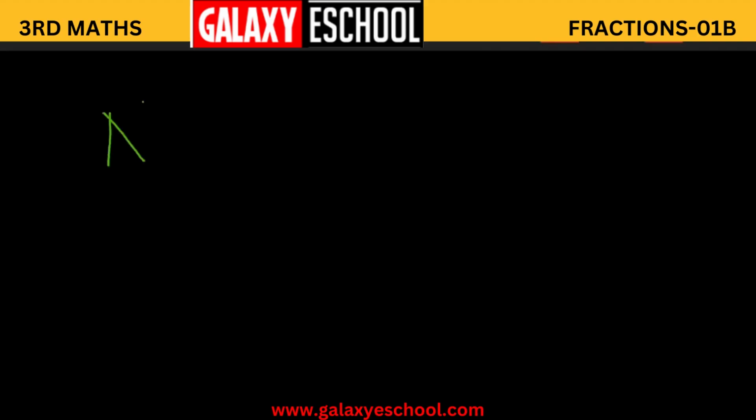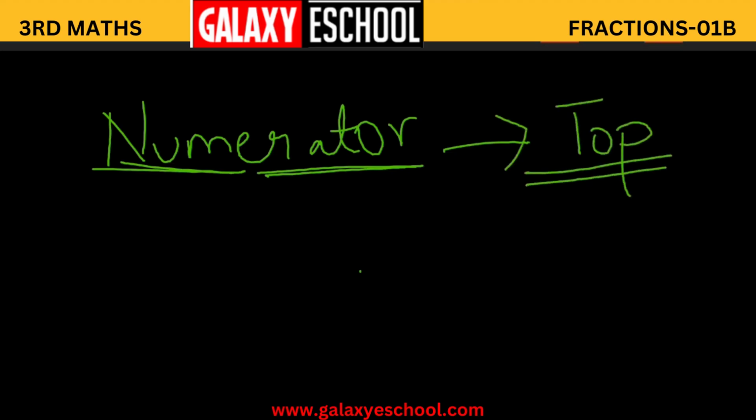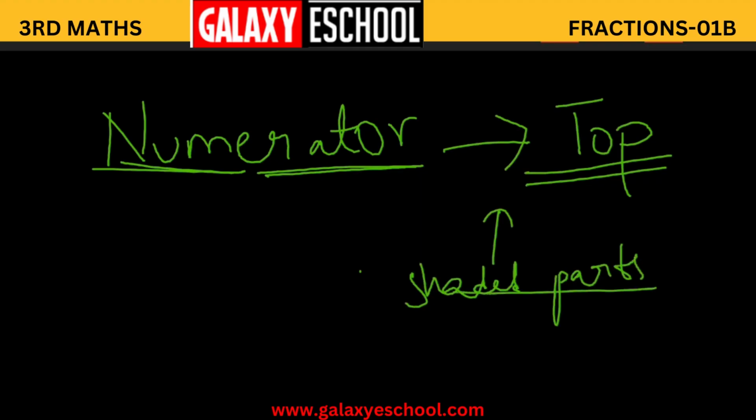What is the spelling? Numerator. What is this? The number that is written on top. That is the number of shaded parts in the whole region.